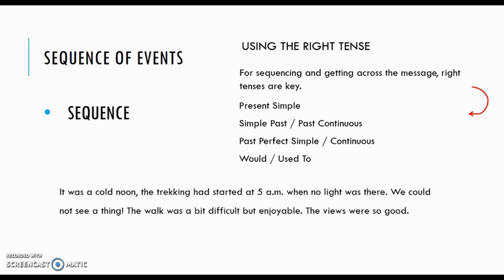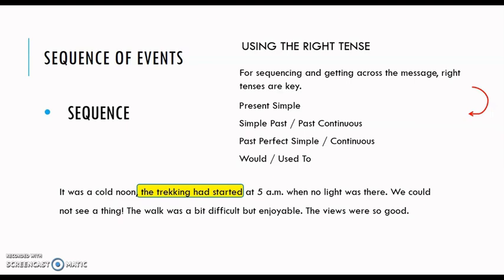Let's see this example. It was a cold noon. The trekking had started at 5 a.m. when no light was there. We have already seen this sentence, and this is a nice example of the use of the past perfect simple and the simple past for a past event in the past itself, or the past of the past.